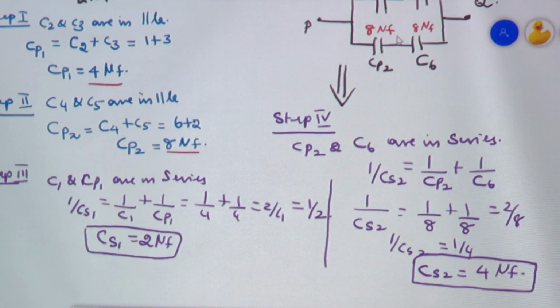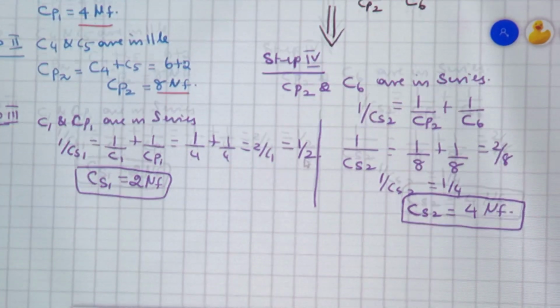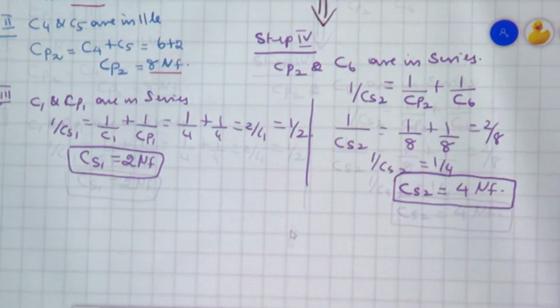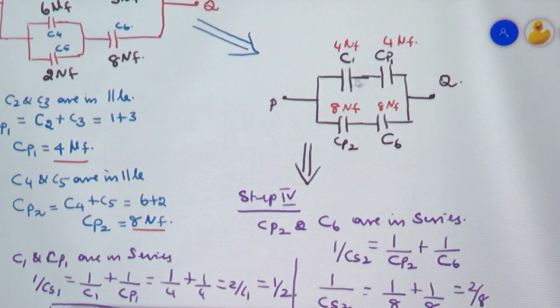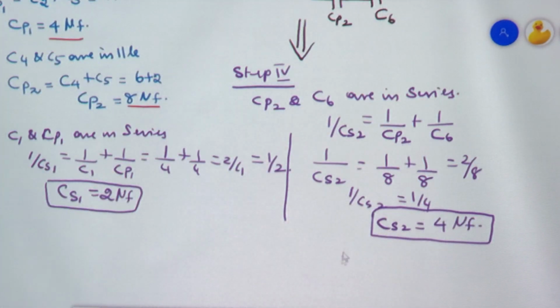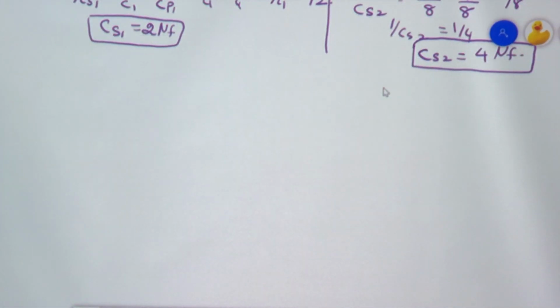I can simplify this second diagram into the third diagram. What is the third diagram? See, here I can see C1 and Cp are replaced and the Cp2 and C6 are replaced. Now the diagram can be redrawn as, so I am writing diagram 3.